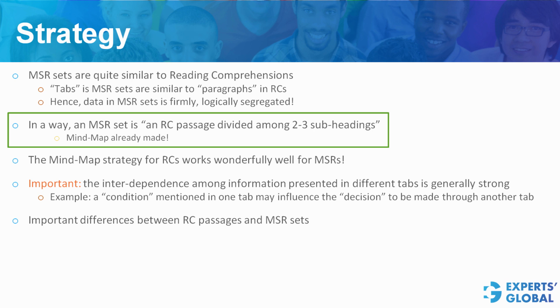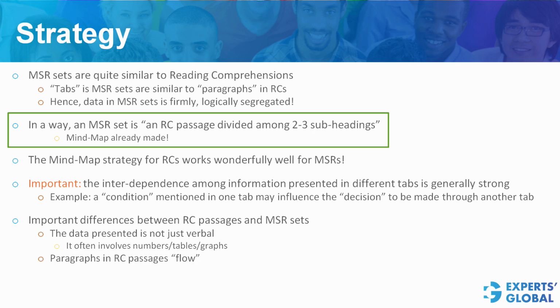Some important differences between RC passages and MSR sets. Unlike in reading comprehensions, the data presented in MSR sets is not just verbal. It is a combination of verbal and numeric data. It often involves some numbers, tables, or graphs. And the paragraphs in reading comprehensions flow.